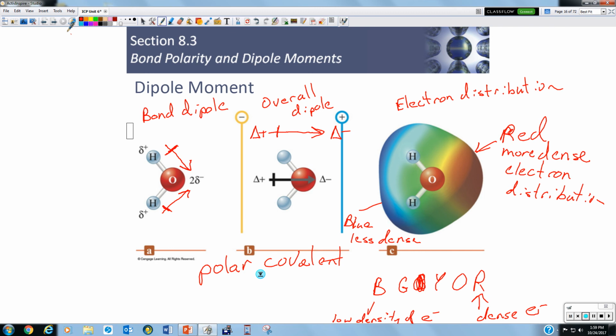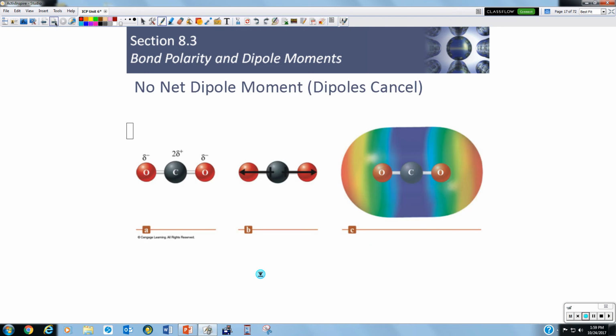All right. Now, let's look at a non-polar molecule. You can have polar bonds but still have an overall non-polar molecule.